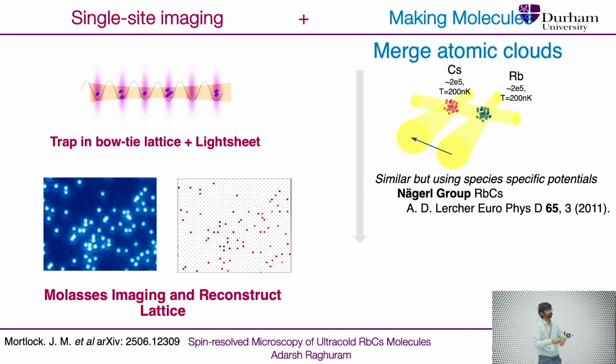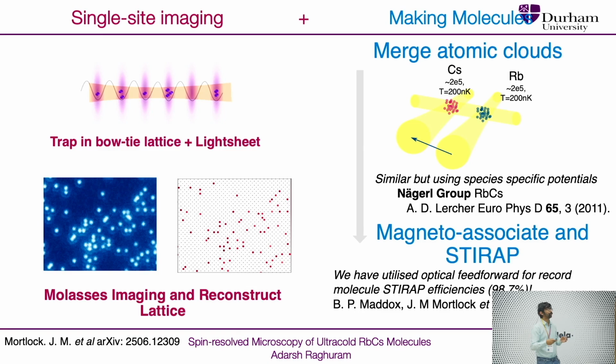We have a dual chamber design, so it's a bit of a long process to get everything made, but in a nutshell, we sequentially load and transport rubidium and then cesium into the science cell and trap them in spatially separate optical dipole traps, after which we evaporate down to a phase space density of about 0.1, merge the traps and associate with the usual Feshbach association followed by STIRAP.